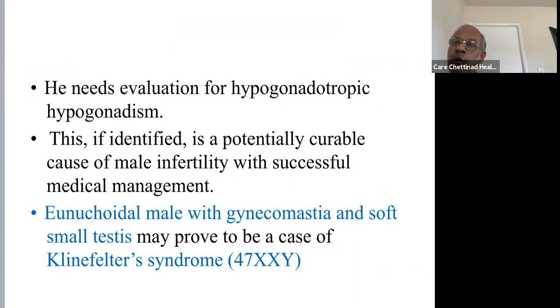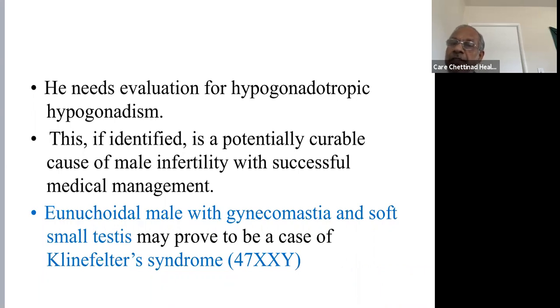And there are other men who have not attained puberty at all. Many of these people don't come to the infertility clinic, but they may report to you if they have not been attended to earlier. Some of these men would have gone to the endocrinologist or a physician and had testosterone therapy. But if they have not had, they come with eunuchoid features.